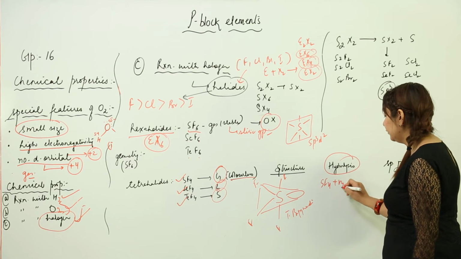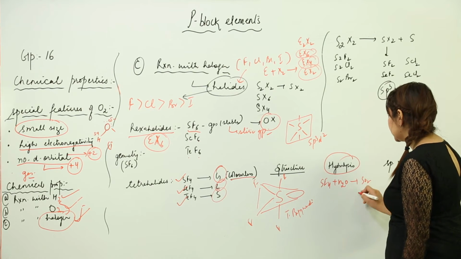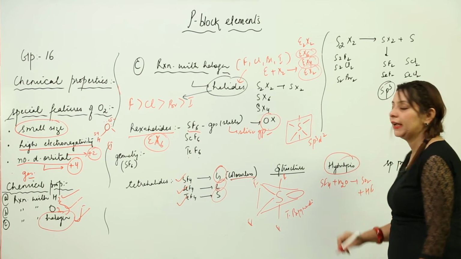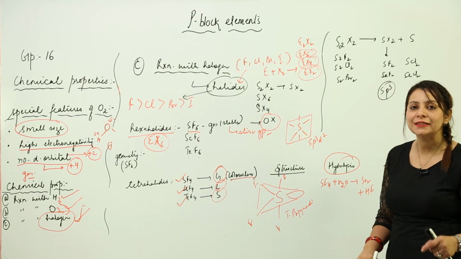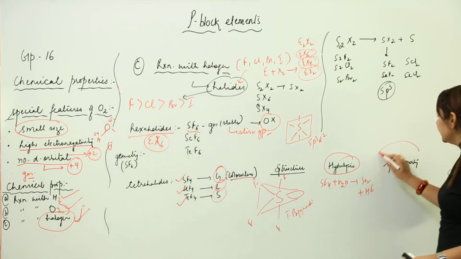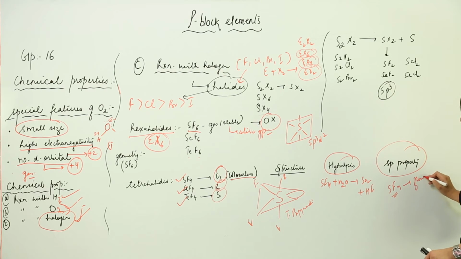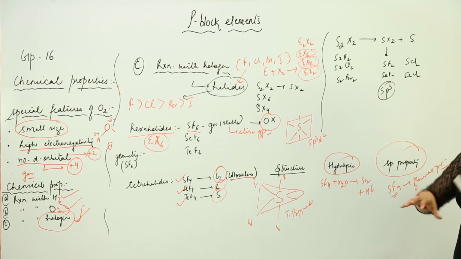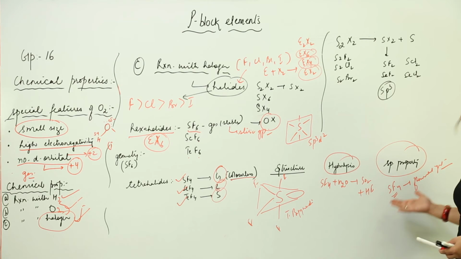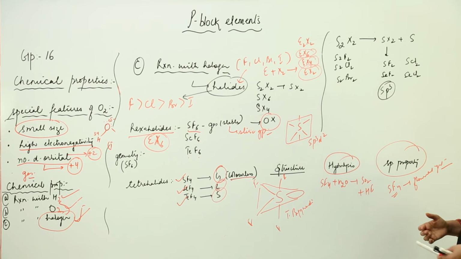So what happens when we hydrolyze it, it quickly forms SO2 and HF. That means the hydrolysis is easy in this case. And there is a special property for SF4, and that is that it is a fluorinating agent. We have already discussed that a fluorinating agent is something which can donate its fluorine. So it is the SF4 which here acts as a fluorinating agent.